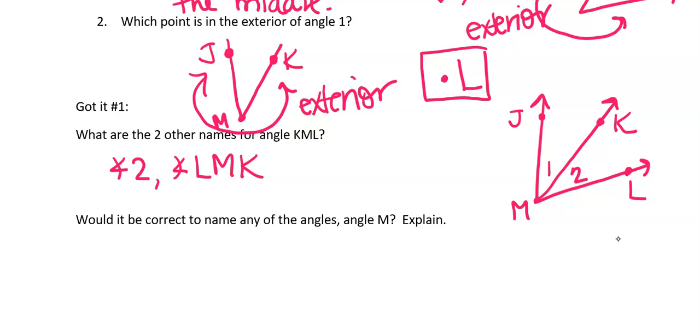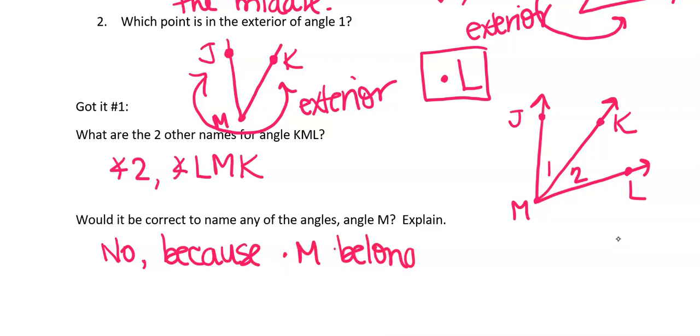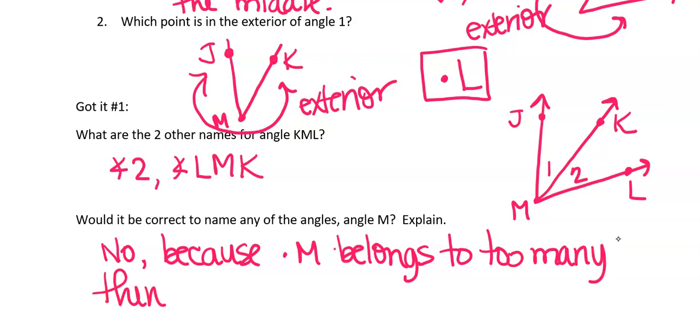Would it be correct to name any of the angles angle M? I'm going to say no this time because point M belongs to too many things. For example, angle JML would be the whole entire thing.